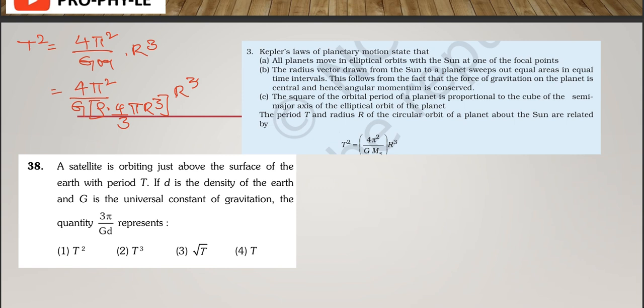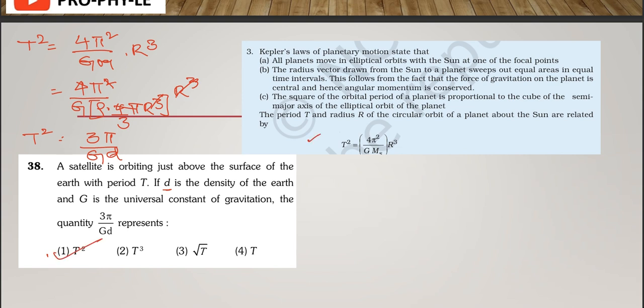So this R cube gets cancelled. This density they just assumed in this question as D, so 4 pi gets cancelled. We are having 3 pi by Gd is equal to T square. So 3 pi by Gd will be equal to T square. So that is our first option.